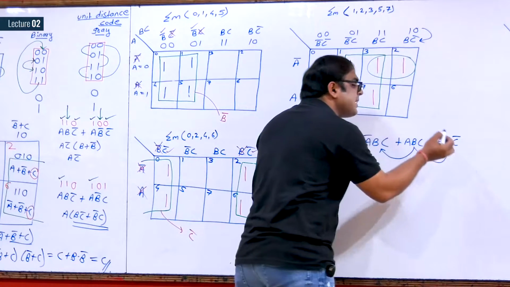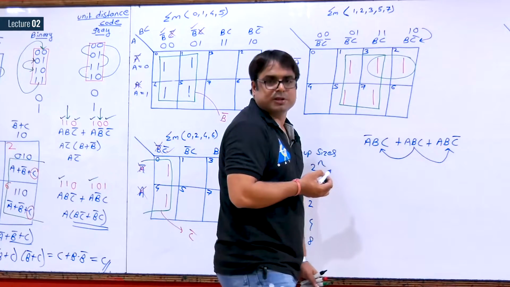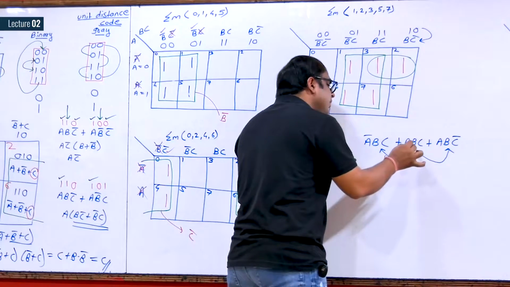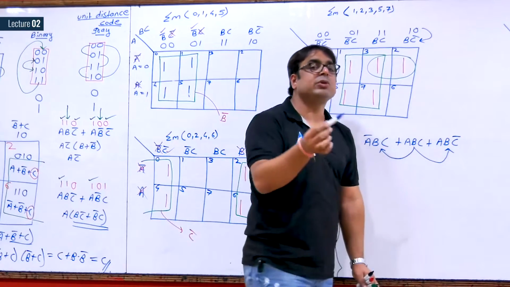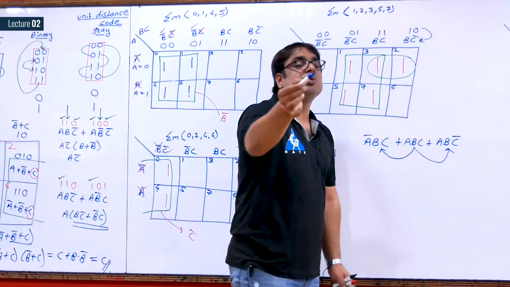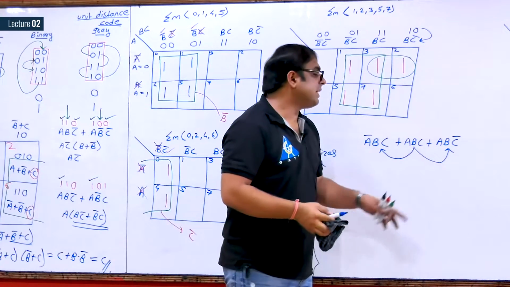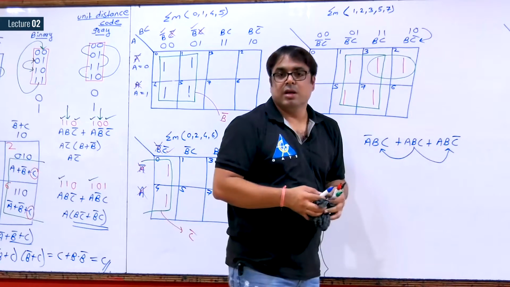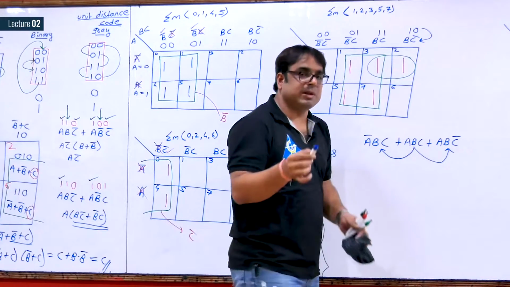ABC can also be used to minimize this one because AB is common. Now you tell me, finally, with whom I should use it, whether I should use ABC with this one or with this one. I will use it with both of them.